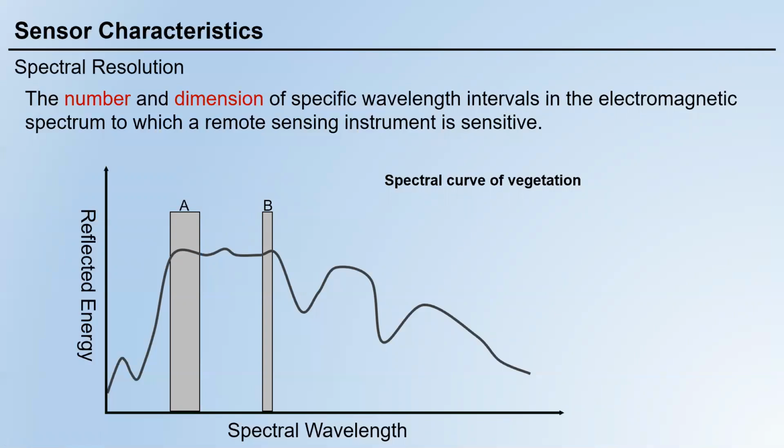Of course, one sensor can have multiple bands, but usually multiple bands in one sensor have the same bandwidth. Usually, okay, only usually. Band B, of course, is narrower than band A. Actually, band A contains 3 to 4 band Bs in terms of bandwidth.